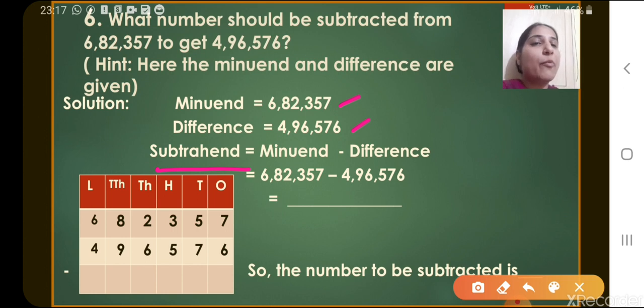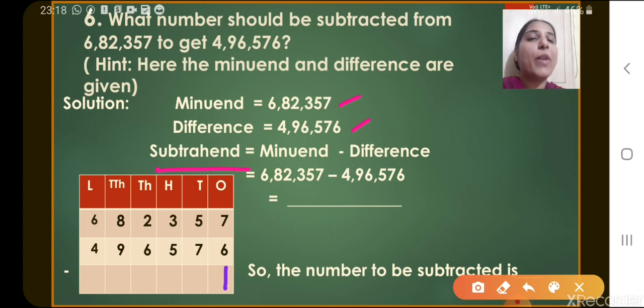So let's start from the ones column. 7 minus 6, what we will get, children? 1. Now look at the tens column. 5 minus 7 is not possible. It means we have to borrow from the next place. The digit at the hundreds place now is 3.